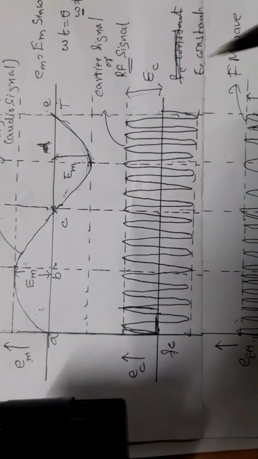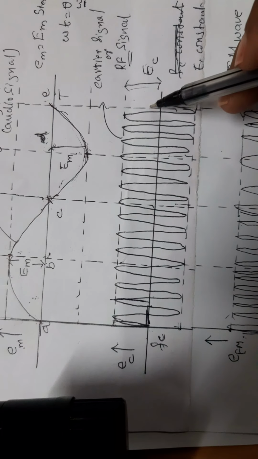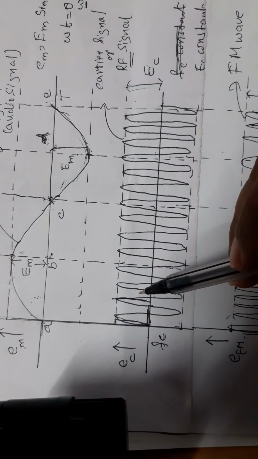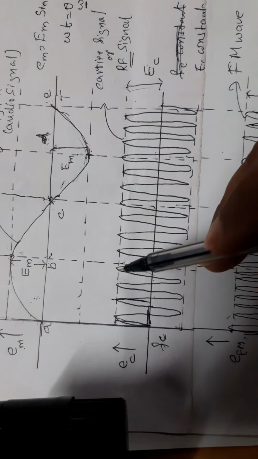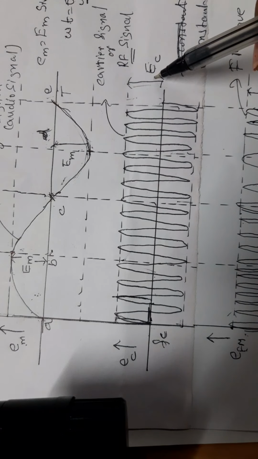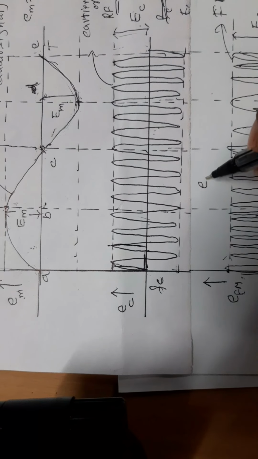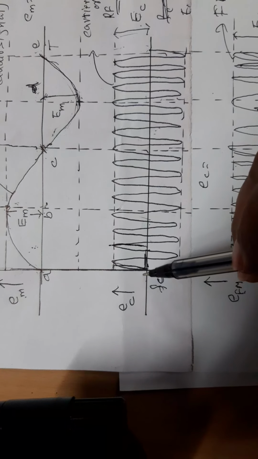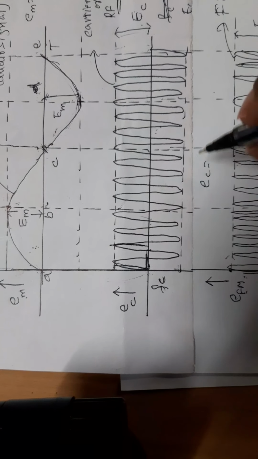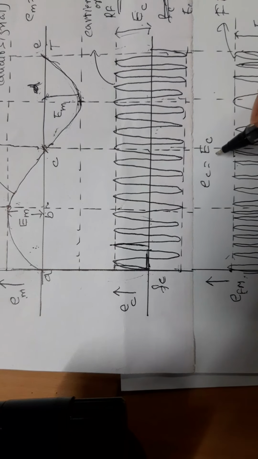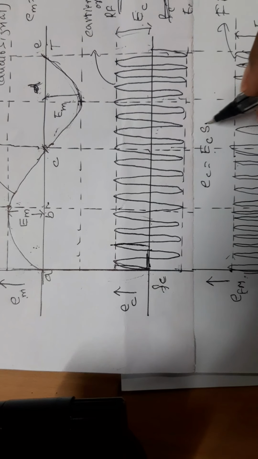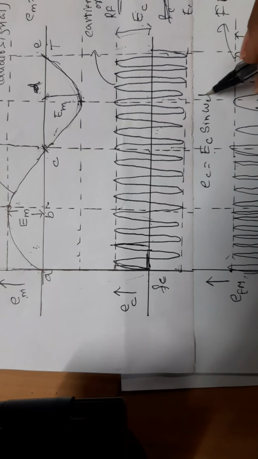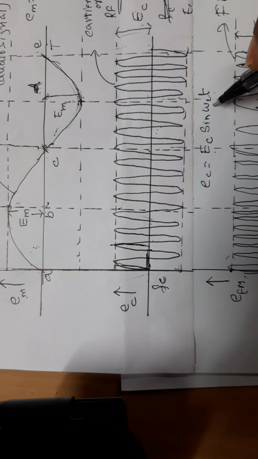Now see this. This is a carrier frequency. It is also a sine wave, but the maximum amplitude here is represented as Ec. Therefore, the equation of this wave is ec, that is, carrier voltage, is equal to its maximum voltage Ec into sine of omega c t, where omega c is called the angular frequency of the carrier signal.